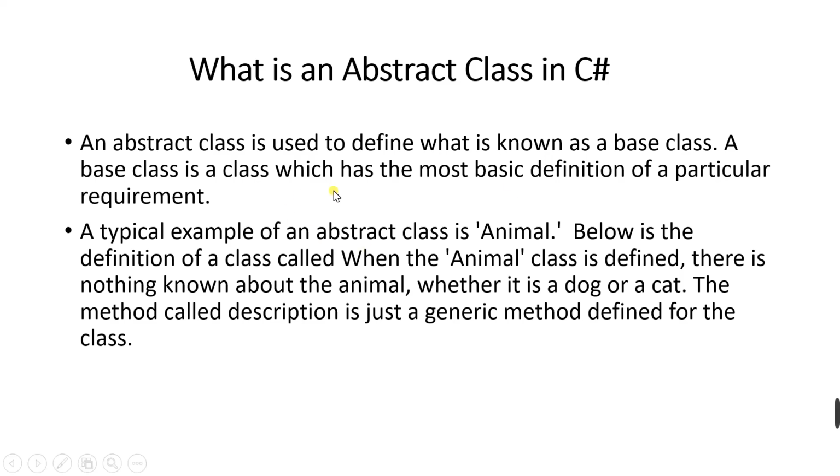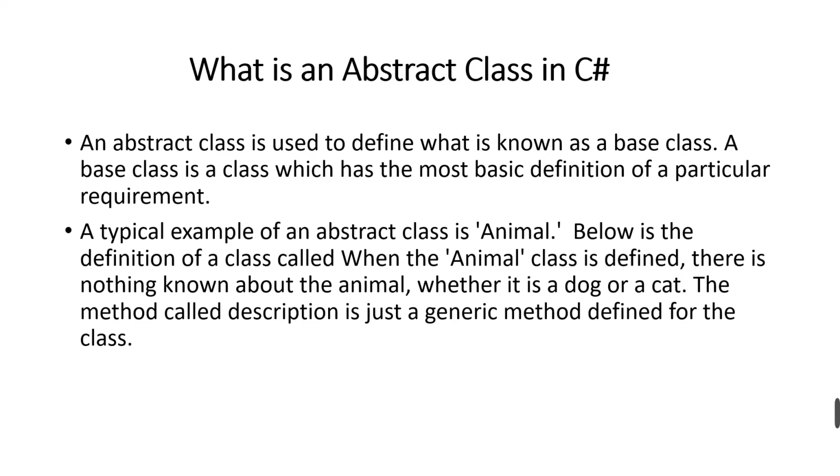A base class is a class which has the most basic definition of a particular requirement. The basic requirement can be defined in the base class, and any class that wants to implement that functionality can inherit it. An example is the class Animal.